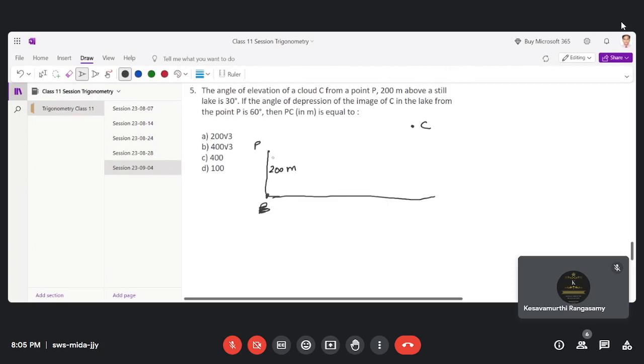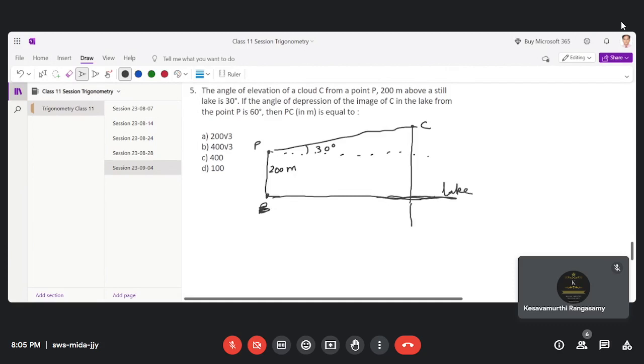Now what is he saying? Angle of elevation of the cloud from P, this is 30 degrees. Okay. And now draw this. This is a lake.